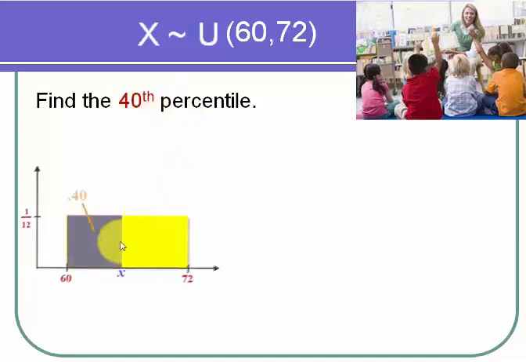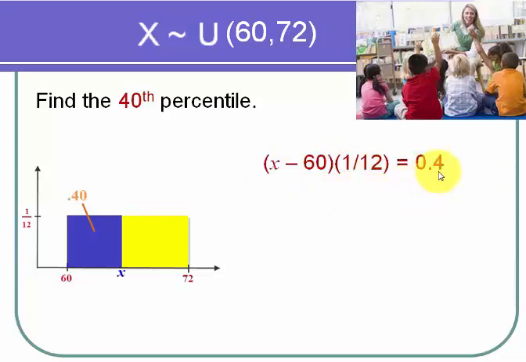So I sketch the picture, and I say that the area to the left of some value x is 0.4. So then I use areas for a rectangle. The area, again, is the base times the height. And the base here is x minus 60. The height is 1/12. So (x minus 60) times 1/12 equals 0.4.